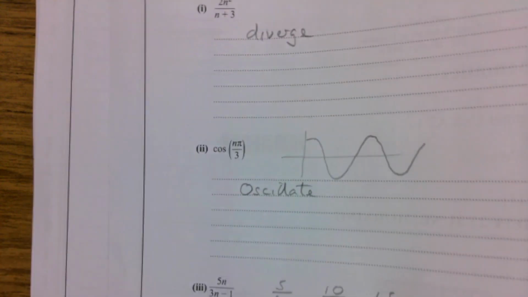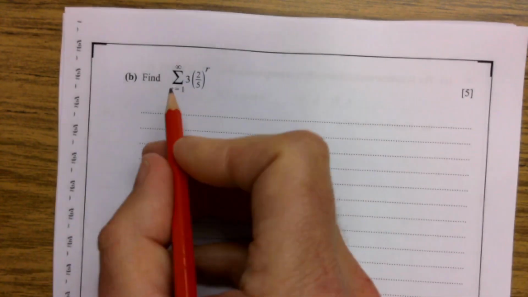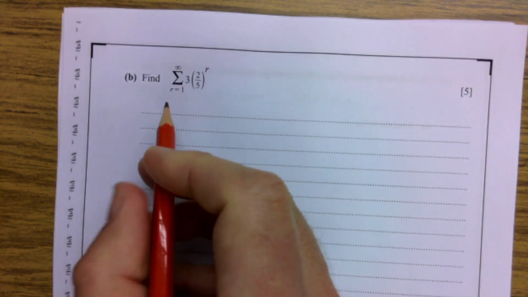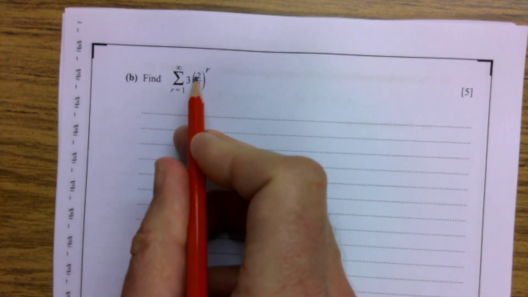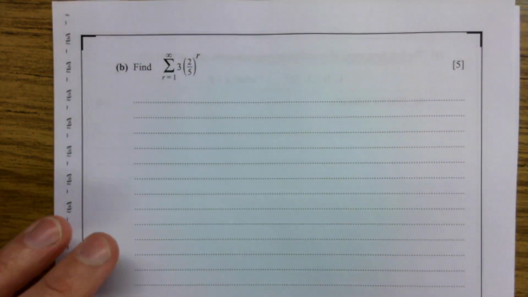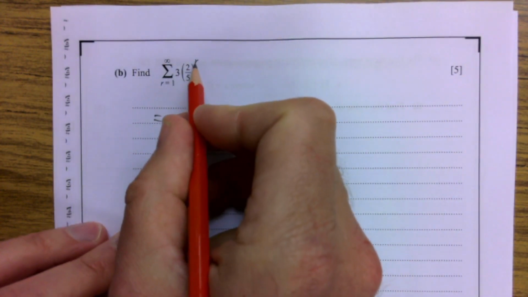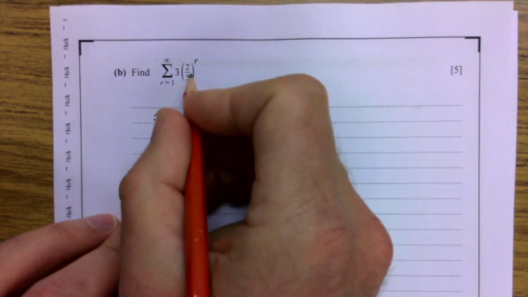On then to part B. Find this here means you summate it, so it's from 1 to infinity of 3 times 2/5 all to the power of r. So this all looks a wee bit confusing, but effectively we're going to substitute in here the number 1, 2, 3, 4 and so on and see what we get.